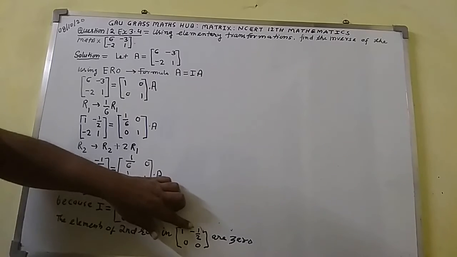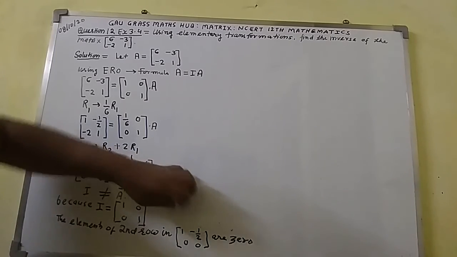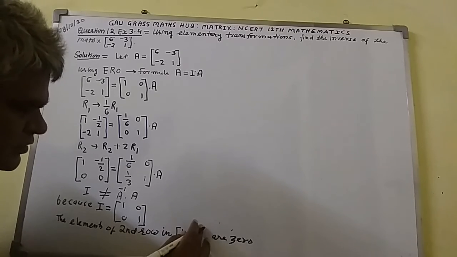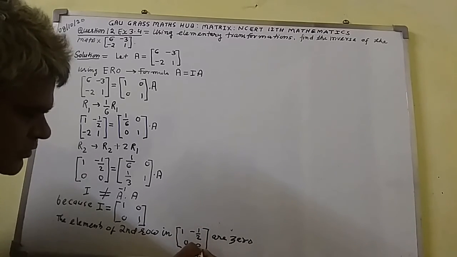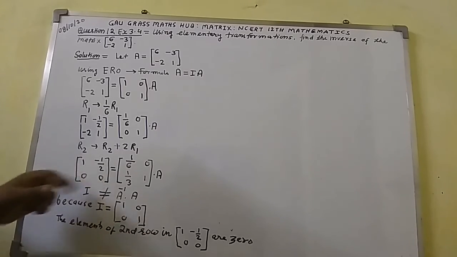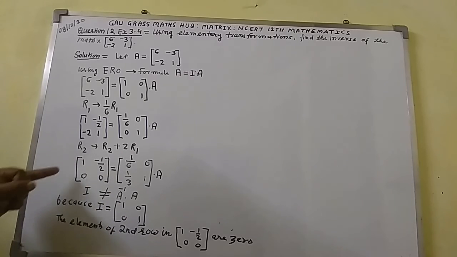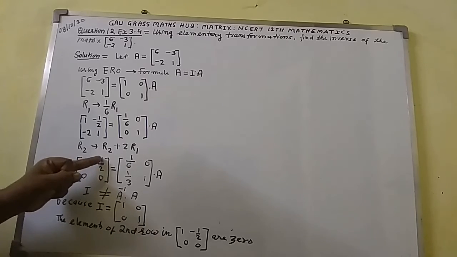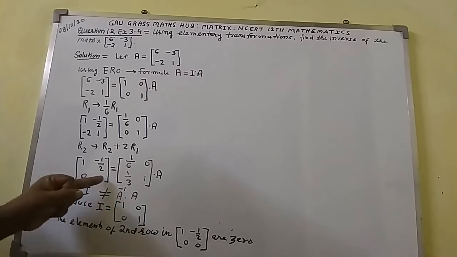So here you can see the elements of the second row in the matrix. This is the matrix 1 minus 1 over 2, 0 0.